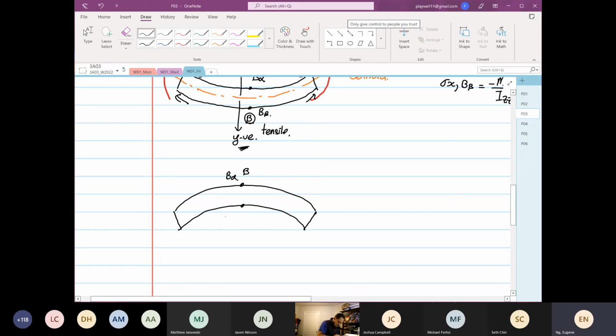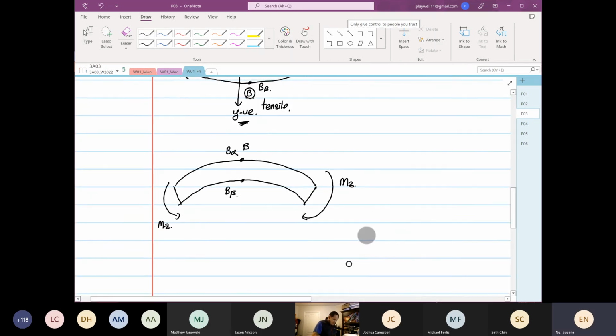Then over here is our point B beta. Right? And then we know in order to induce bending in this direction, or the deformation in this direction, your moment has to be in this way. Okay, your moment has to be in that way.